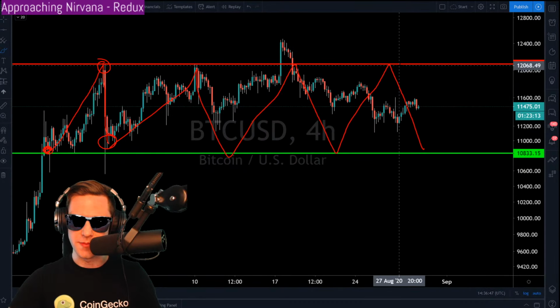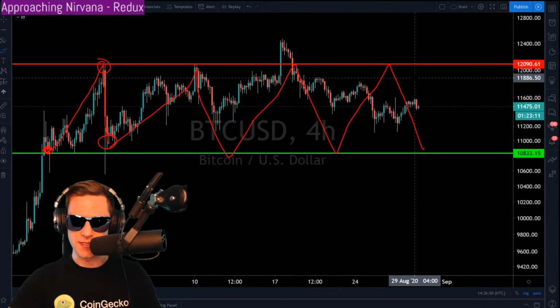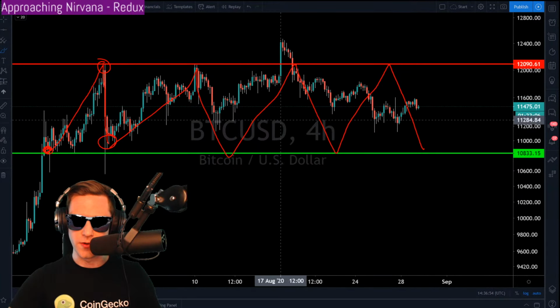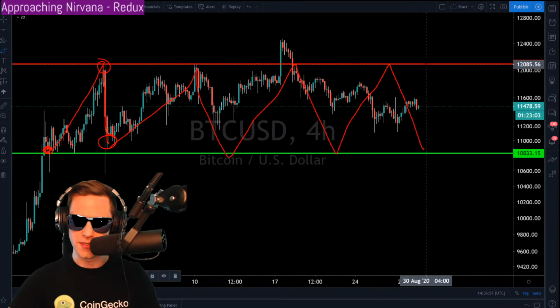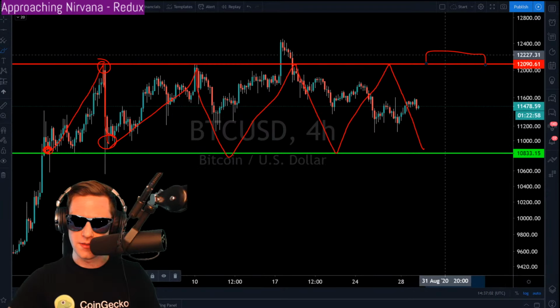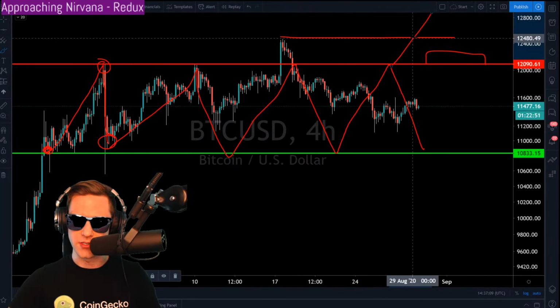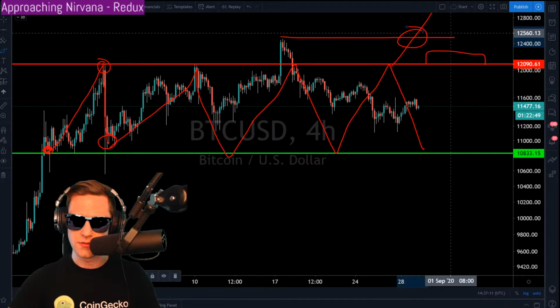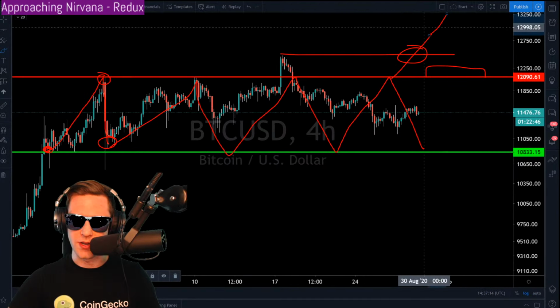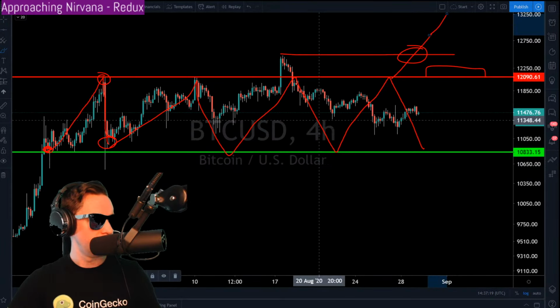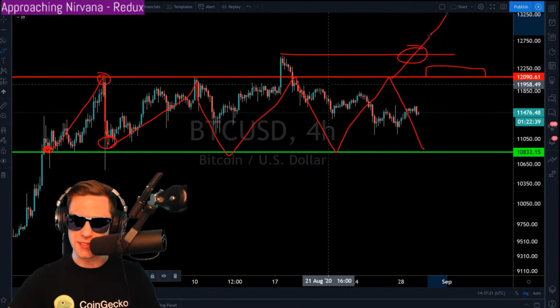The breakout trade would be almost the opposite. So likely you're going to see some of this ranging going on before, and the breakout trader would look to go long after the resistance was broken. So say once 12,500 was broken, the breakout trader would look to go long to profit on the continuation up because resistance has been broken and now is not being held down by that price level.